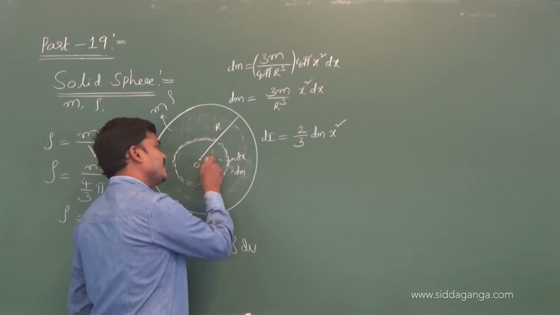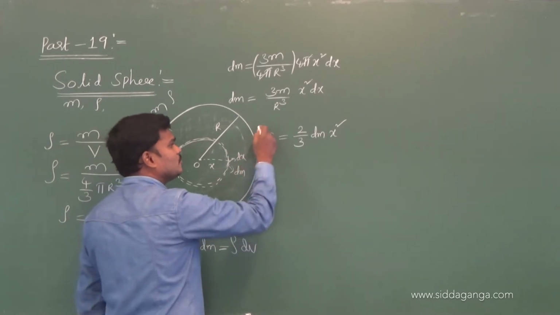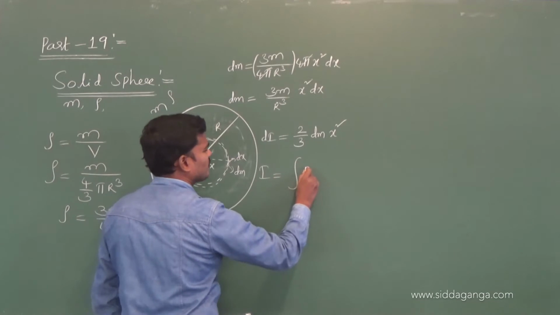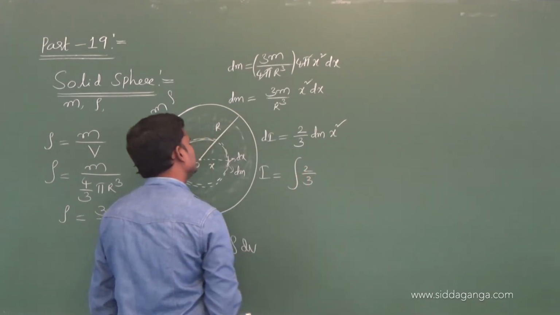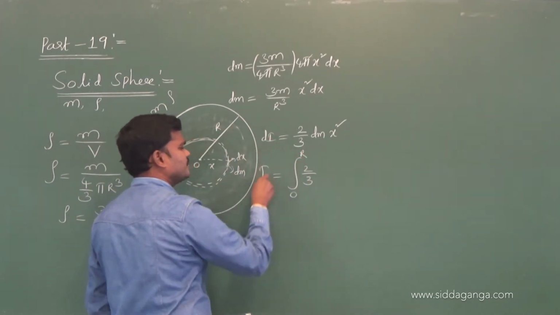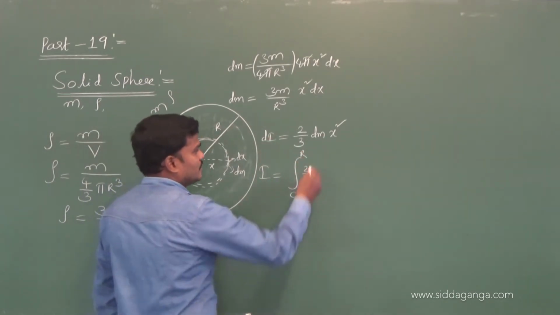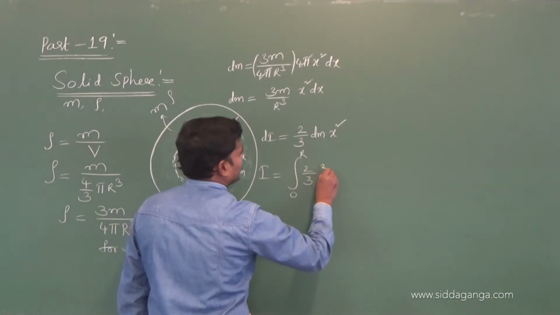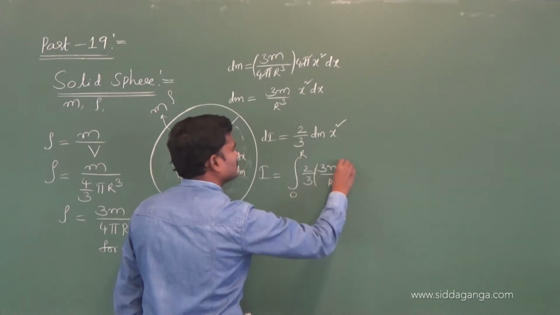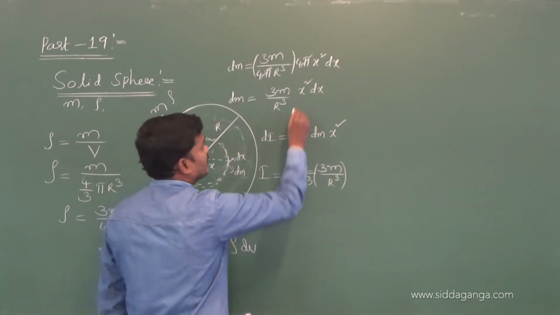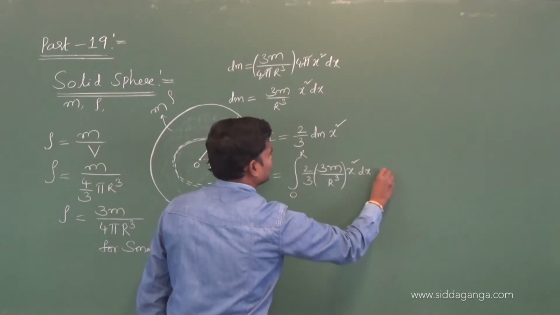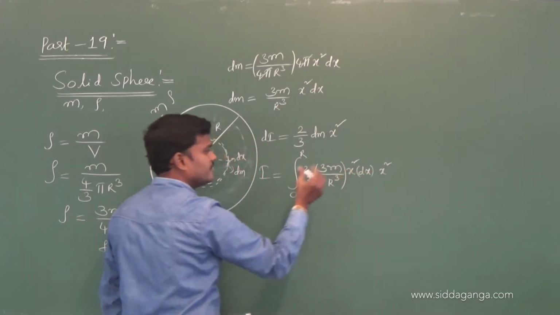Now apply the integration with proper limits. After the integration, I is equal to the integral of 2 by 3, with limits 0 to r, of dm, which is 3m by r cube x square dx, times x square. Here dx is the derivative term.